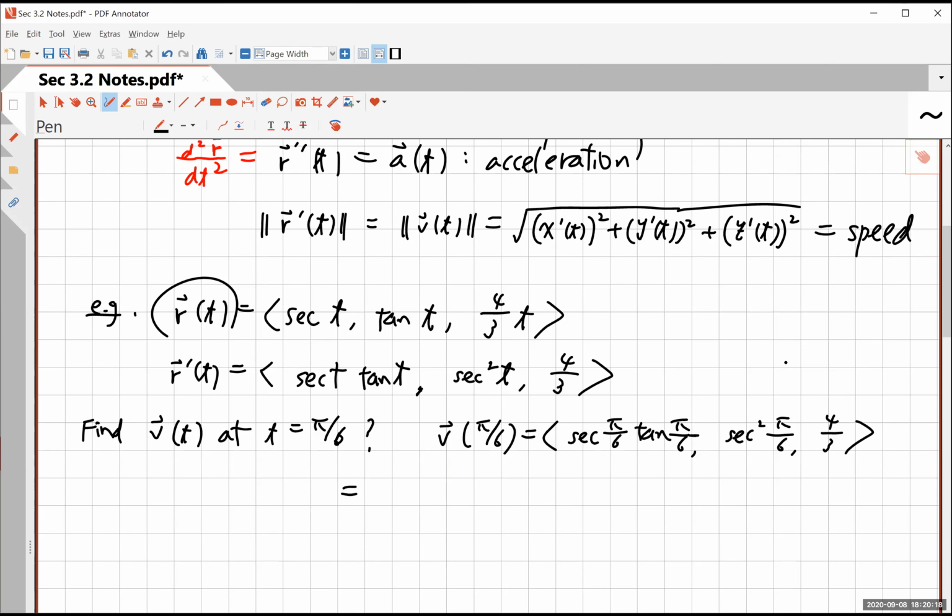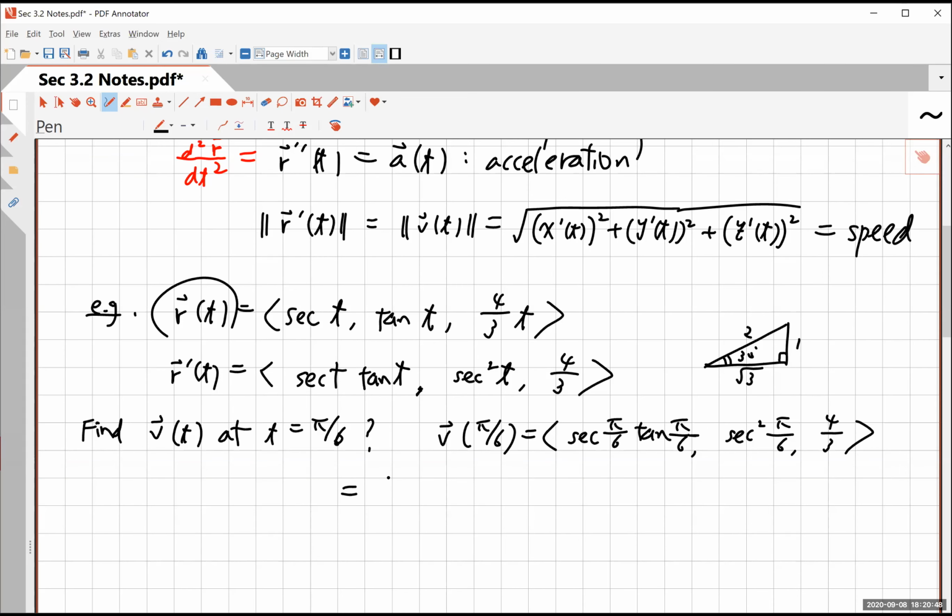Remember what the secant is? Here pi over 6 is 30 degrees. So this is one of those standard triangles, a 30, 60, 90 degree triangle. The ratio of the sides are 1, 2, and square root of 3. And so what's the cosine of this angle? Cosine of 30 degrees is the square root of 3 over 2.